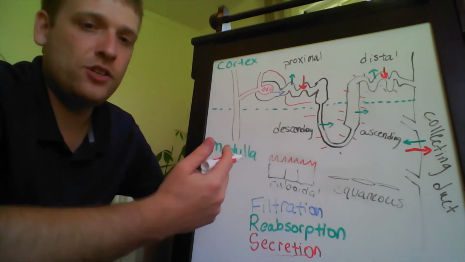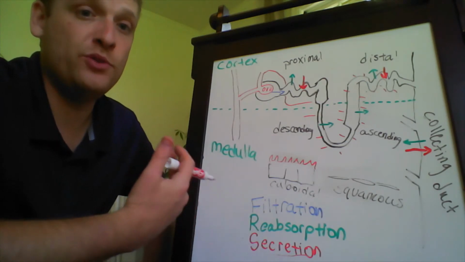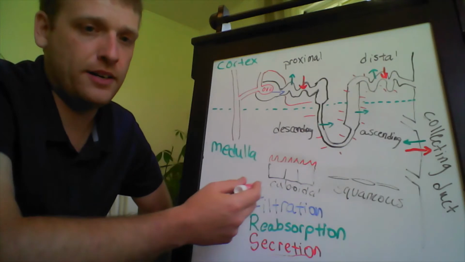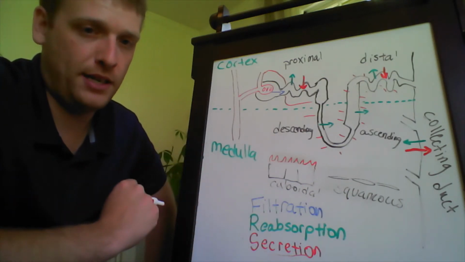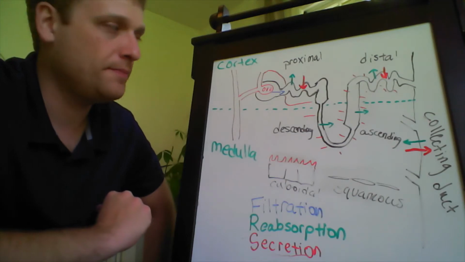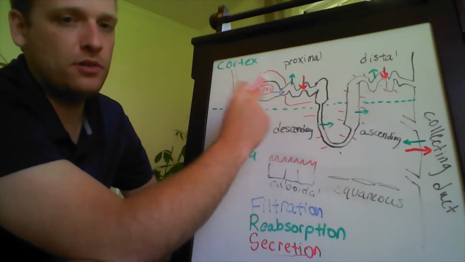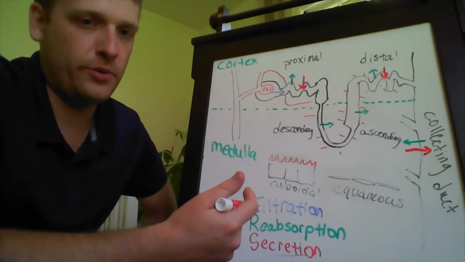So why this is useful, particularly in places where there's lots of reabsorption occurring, is the more surface area you have, the more capacity you have to absorb things or to reabsorb things. So in this proximal convoluted tubule, there's lots of reabsorption going on.